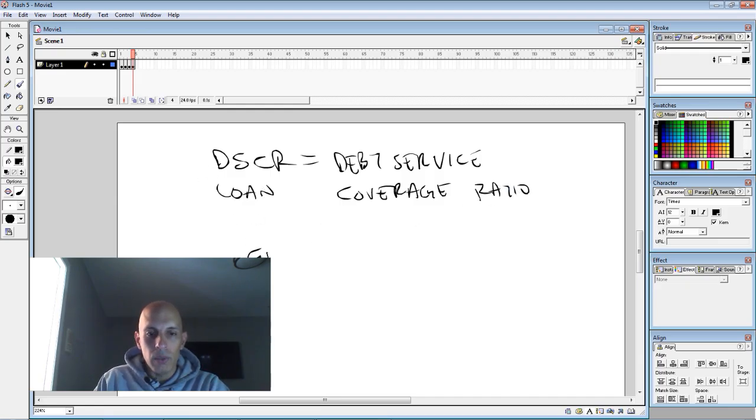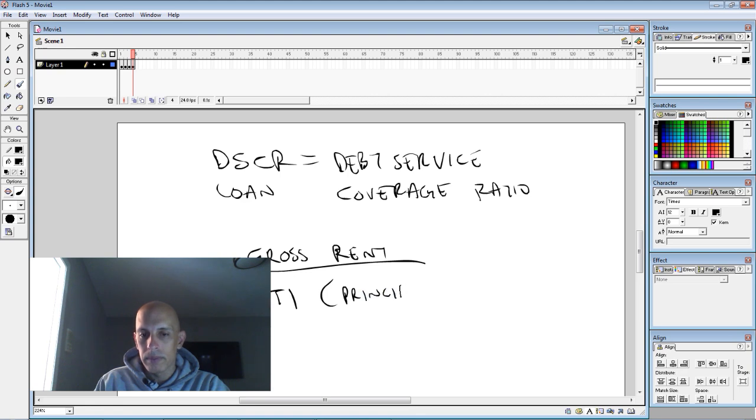What's going on here is we're looking at gross rents, not net rents, not after operating expenses, but just the gross rents, what you collect from the tenants every month, and we're dividing that by the PITI, or principal plus interest plus taxes plus insurance.